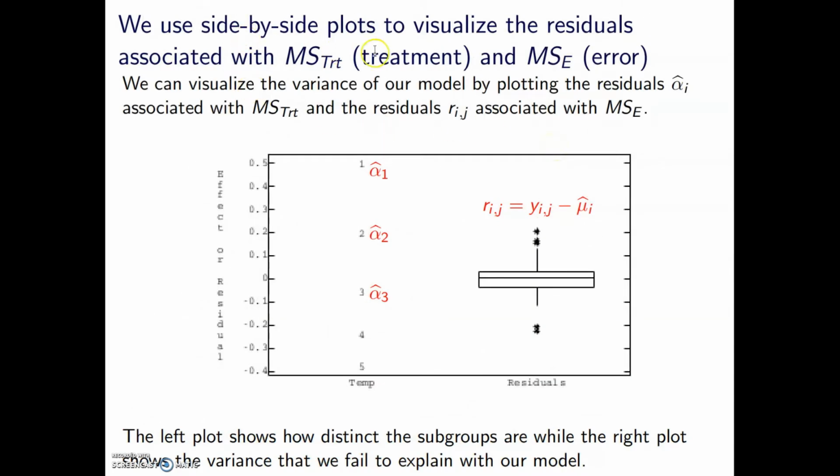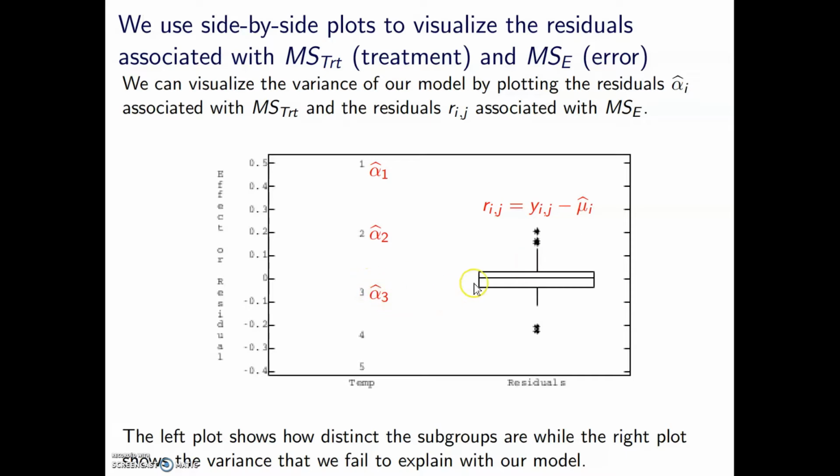So we use side-by-side plots to visualize the residuals associated with the mean square of the treatments and the mean square of the errors. We use these to visualize how different the means of each group are by plotting the values alpha hat sub i next to the errors r sub ij, which is the difference between the data y sub ij and the mean mu sub i hat of its associated group.